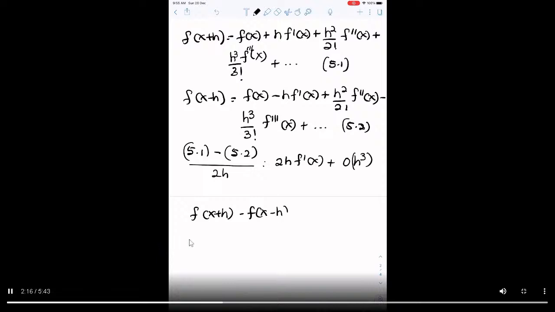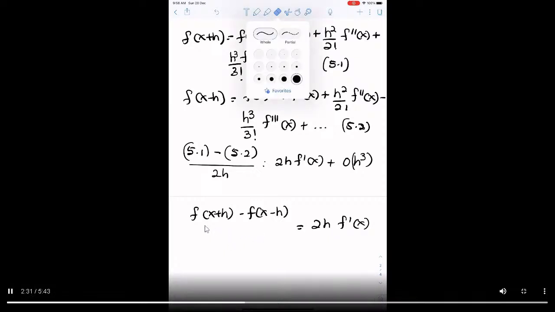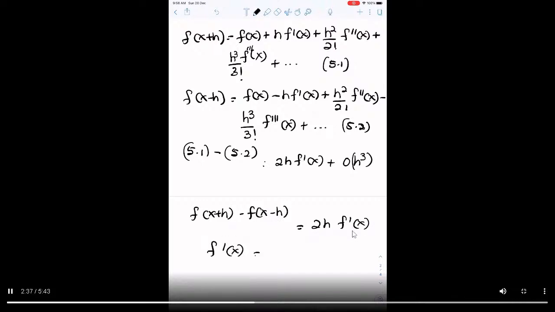So you will get f(x + h) minus f(x - h), divided by 2h, is equal to f'(x). If you don't divide, you can just get f(x + h) minus f(x - h) equal to 2h f'(x).